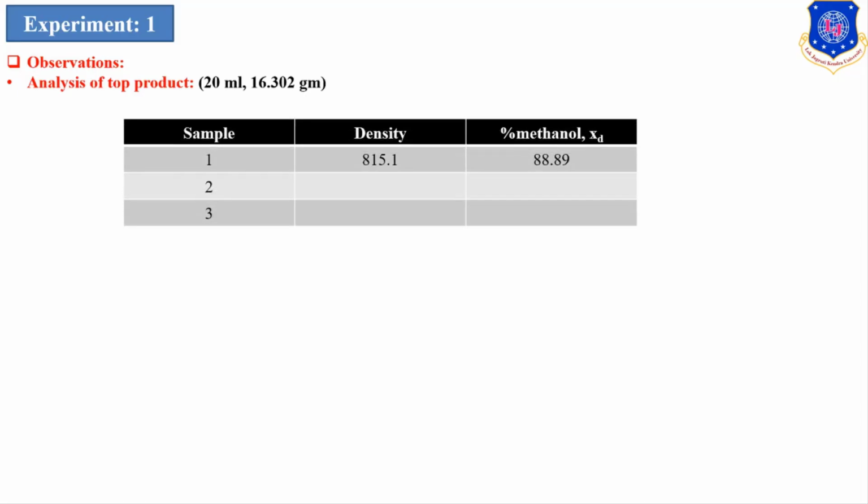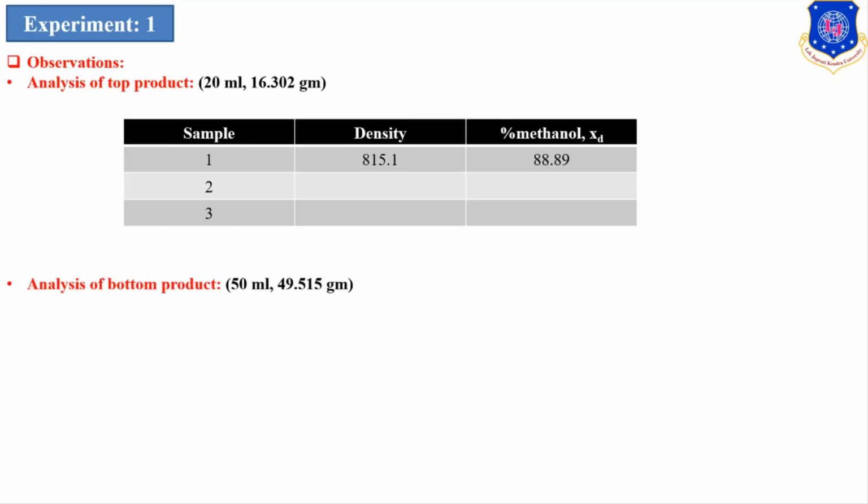Now after that we have to take the samples and do the analysis of the top product and the bottom product. So the top product we collected for the first half was 20 ml and its weight was 16.302. So from that we can calculate the density, that is 815.1 kg per meter cube, and from that the methanol percentage in distillate was 88.89.